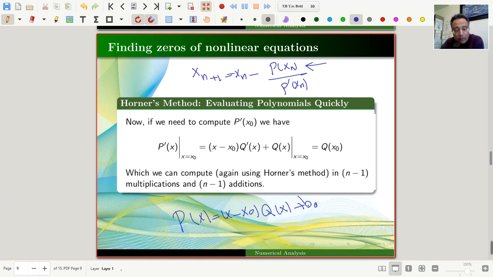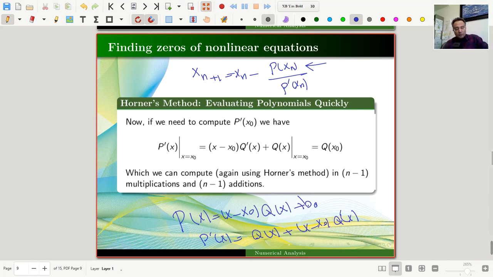Now, if you compute p prime of x, it will be the first derivative, 1, times the second one, q of x, plus the derivative of the second one times the first one, that is, x minus x0 times q prime of x.